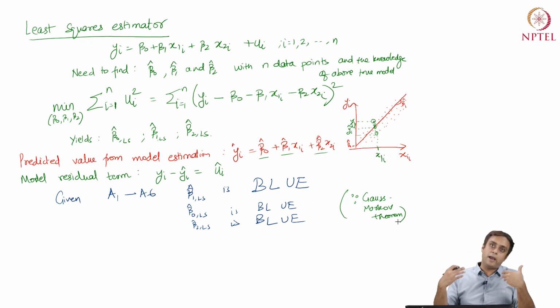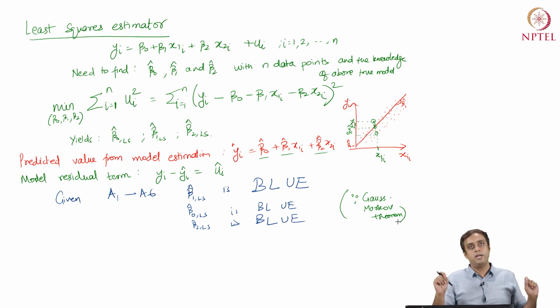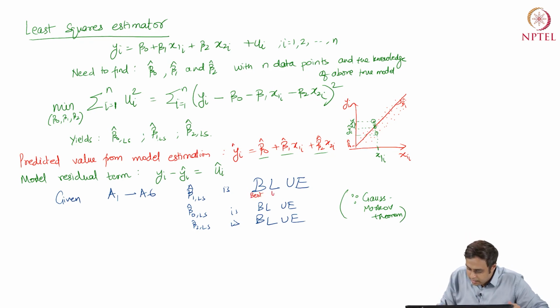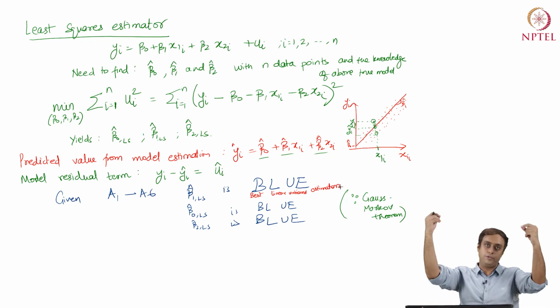So by the Gauss-Markov theorem, given assumptions A1 to A6, the beta hats that are arrived at from the least squares algorithm are BLUE. What does BLUE mean? Well, BLUE means that they are best linear unbiased estimators. They are a best guess of the truth.